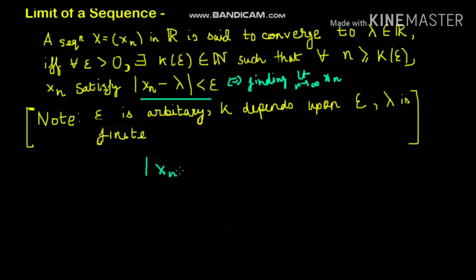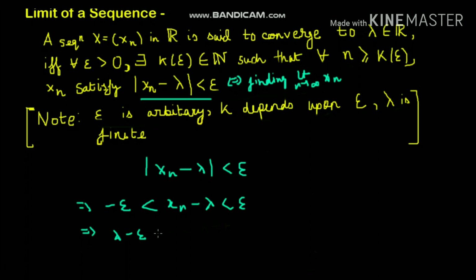Now if I write the expression modulus of x of n minus lambda is less than epsilon, which is the given condition for convergence, then if I remove the mod, what I get is minus epsilon is less than x of n minus lambda, which is again less than epsilon.